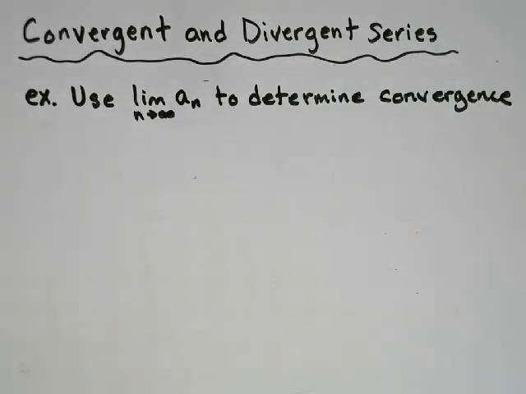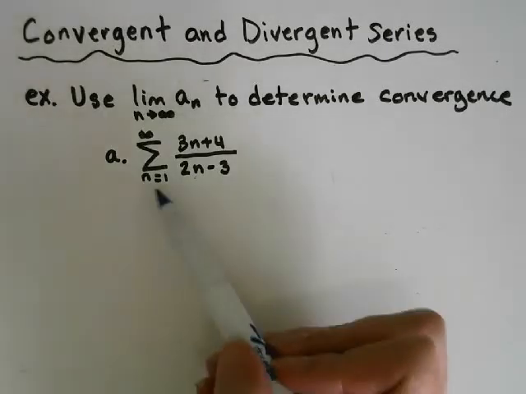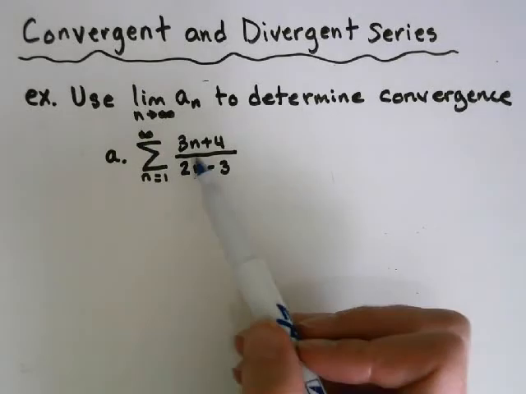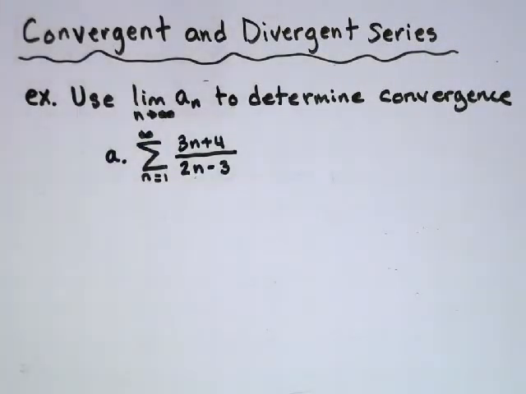So what we're going to do is use the limit as n goes to infinity of an, that's the divergence test or the nth term test, to determine whether a series diverges. So we're going to look at our first example. We're going to look at the sum from 1 to infinity of 3n plus 4 over 2n minus 3.